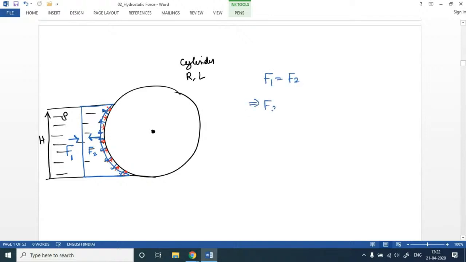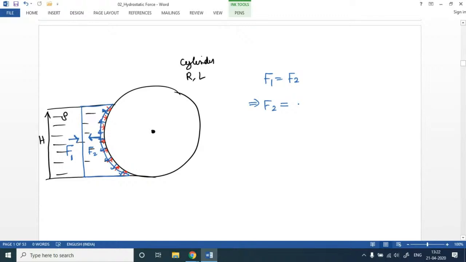So F2 is what we were looking for, because the red and blue arrows are opposite of each other. So F2 will be the magnitude of the horizontal force exerted by the liquid on the cylinder as well. And that is what we were looking to find out. So F2 is going to be equal to F1, and F1 we have already learned how to find out the value of.